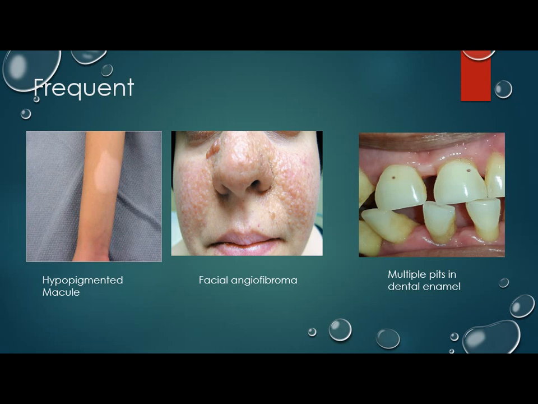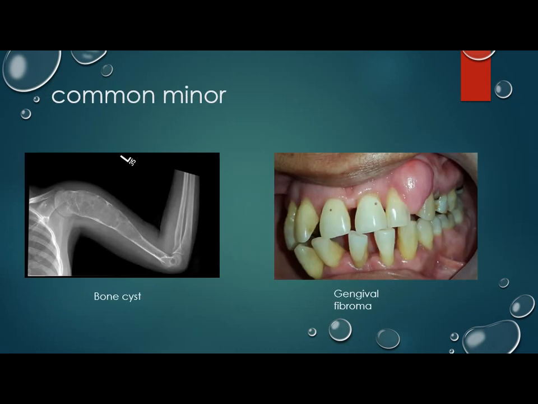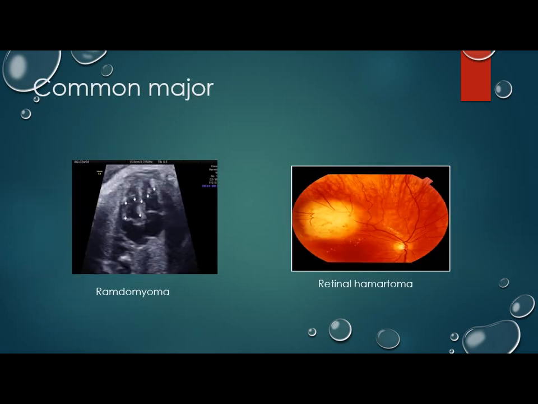These are the frequent criteria. Hypopigmented macule and facial angiofibroma are the two major frequent criteria, and multiple pits of dental enamel is a frequent minor criterion.